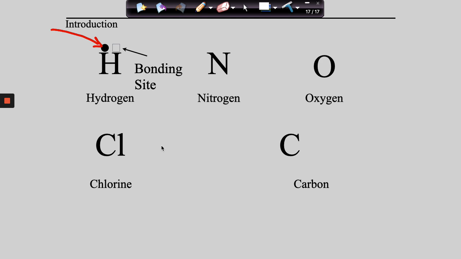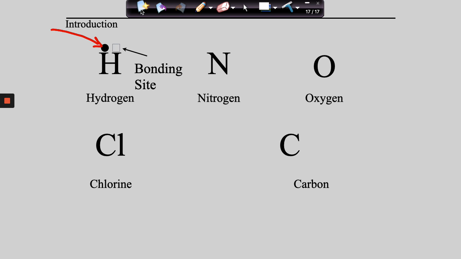This is a place where another atom can come and share an electron and create a covalent bond. So anywhere we have 1 electron but not a second paired electron, we have what's called a bonding site.